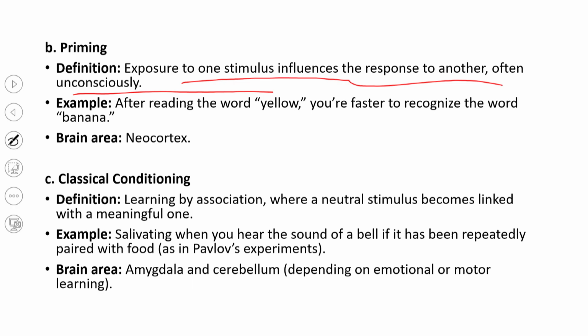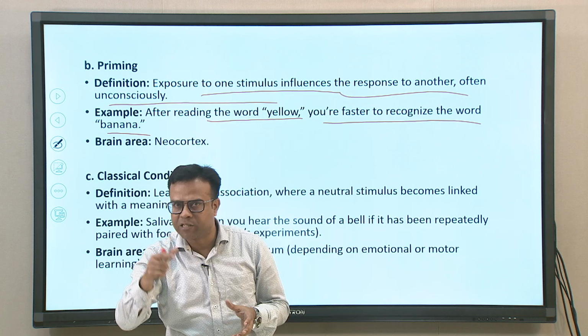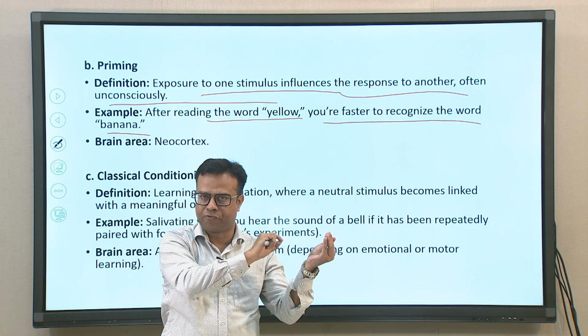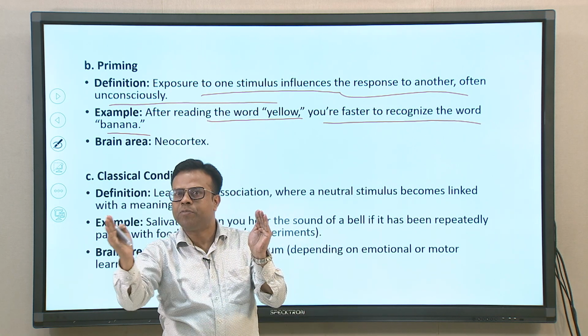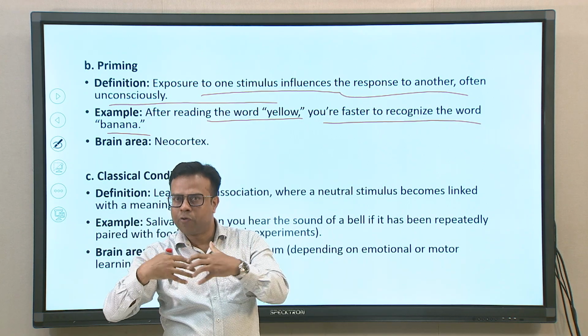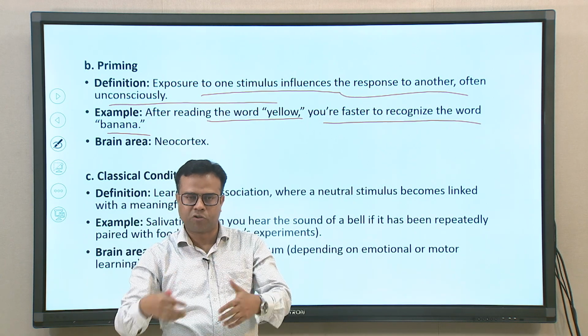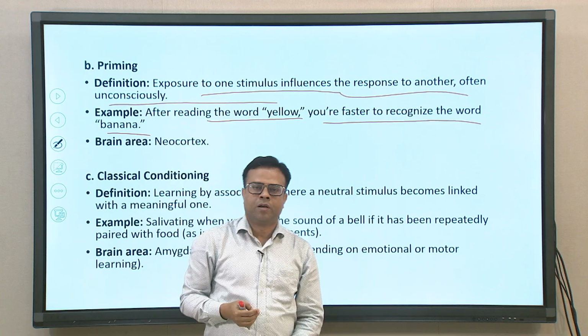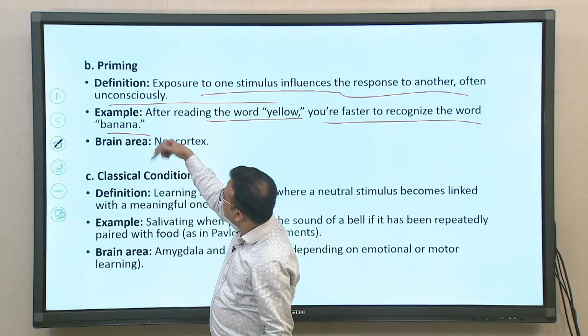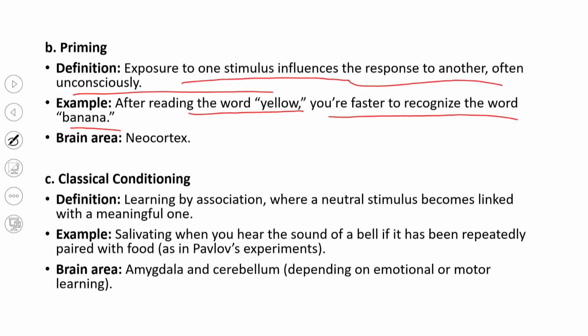For example, after reading the word yellow, you are faster to recognize the word banana, because yellow made you more ready to look at things which are yellow. So, you are more likely to recognize banana because yellow was presented to you first. Yellow is primed and this will influence your next behavior automatically. So, this is called priming, and that is also a part of non-declarative memory.